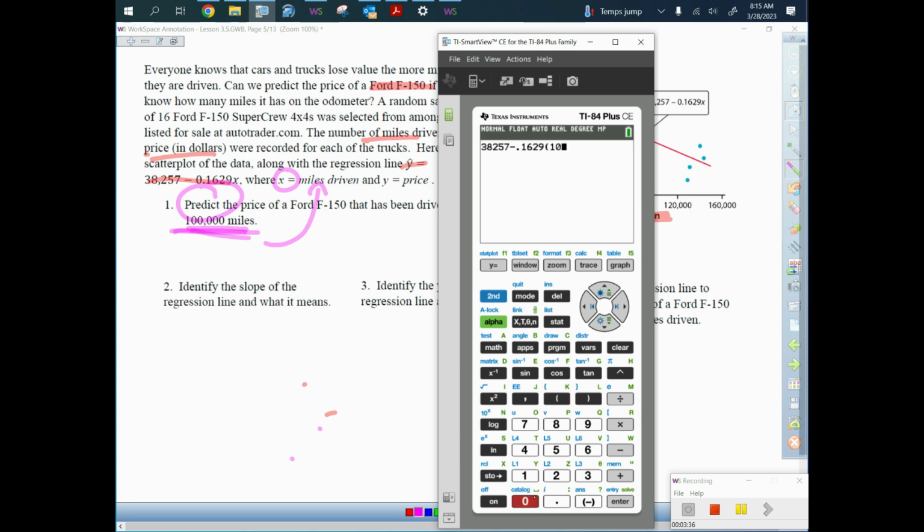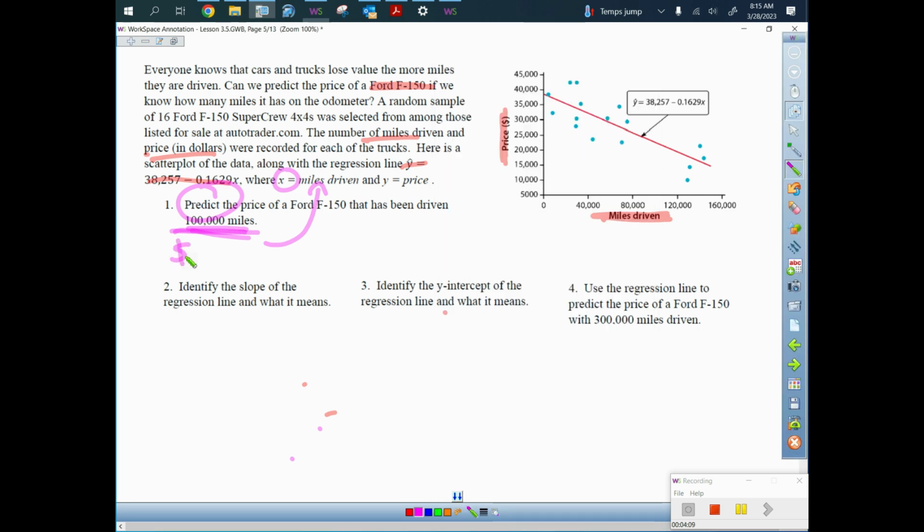You can use the multiply button. I always just end up using parentheses. Make sure you have the right number of zeros; 100,000 should have 5 zeros. Then hit equals. Would you believe that using this regression line, the predicted price is 21,967?